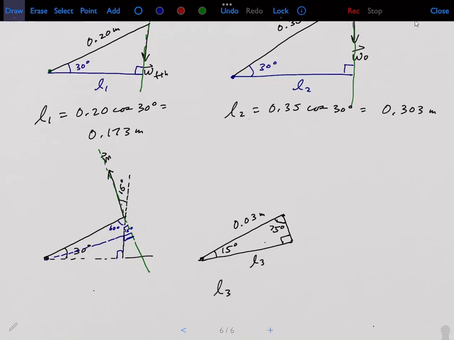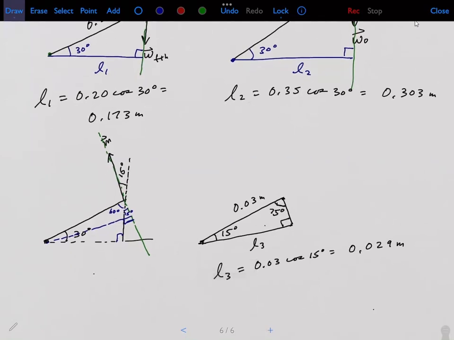So L3 is the hypotenuse times cosine of 15 degrees, and that equals 0.029 meters. Now that I have all these moment arms, I can do the sum of the torques. I'll do this on another page.